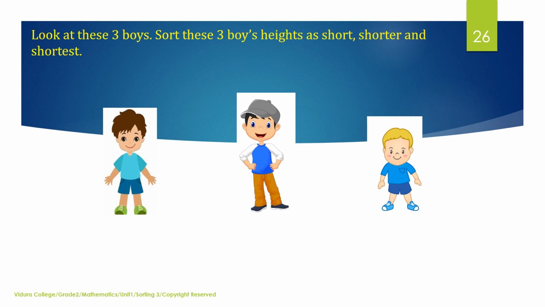Now let's look at the answers. First boy is the shorter boy. Then the short boy. Then at last we have the shortest boy.